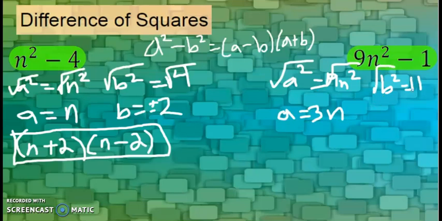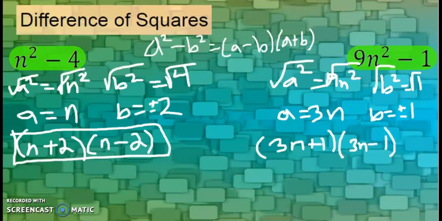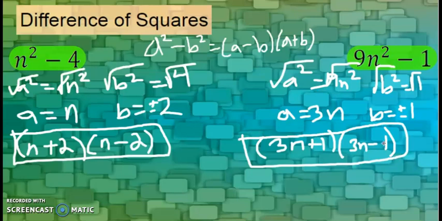Square root of b squared is the square root of 1, where b is either plus or minus 1. So we have parentheses 3n plus 1 and 3n minus 1. So that is our factored form. We put the plus 1 right here and we put the minus 1 right here. The 3n is on both factors.